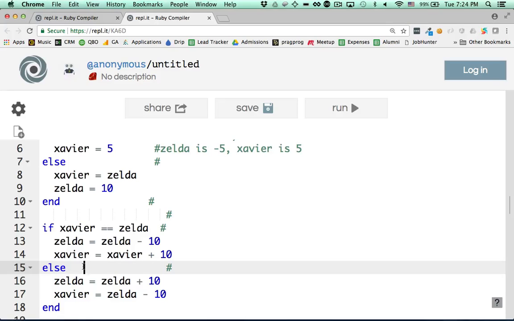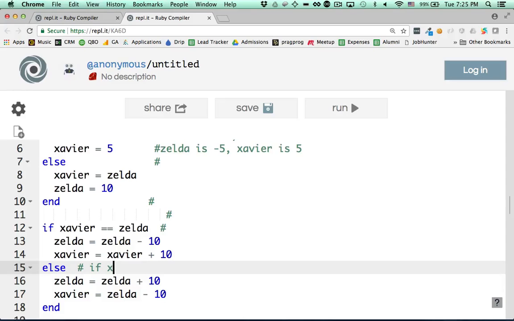And personally, a lot of programmers do not do this. I've never seen it brought up or published as a best practice, but I think it should be. If I ever have an else in my code, I always put a comment and I spell out what it means, to save the next programmer the headache of flipping the logic back. They have to think in their heads, okay, well, I told Xavier is Zelda, so what else if it's not? If Xavier is not Zelda. So I just spell it out.